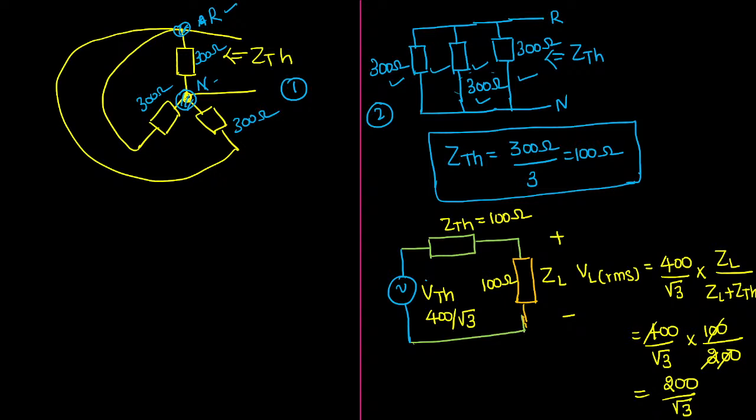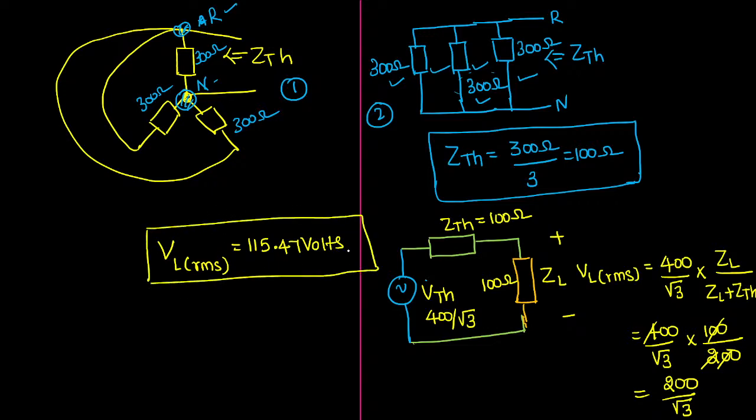I am getting 115.47. So the exact load RMS voltage is equal to 115.47 volts. Got it? That is how we are calculating the voltage.